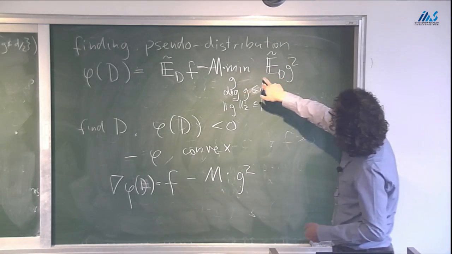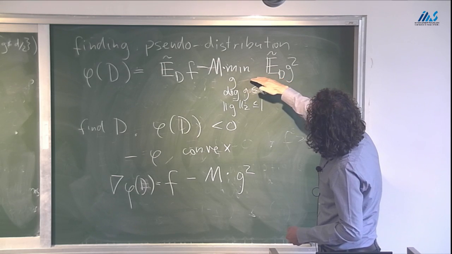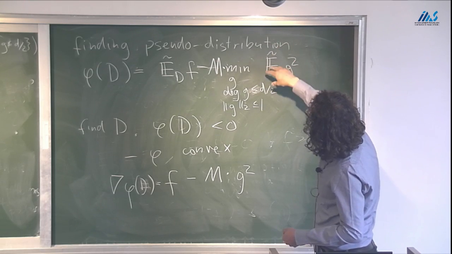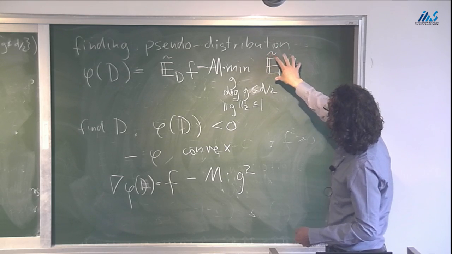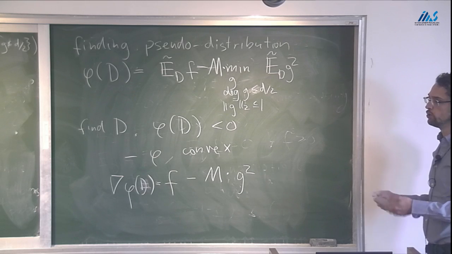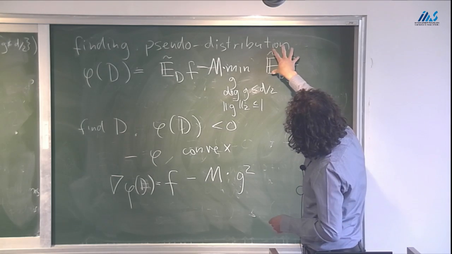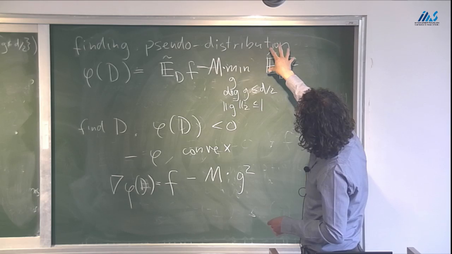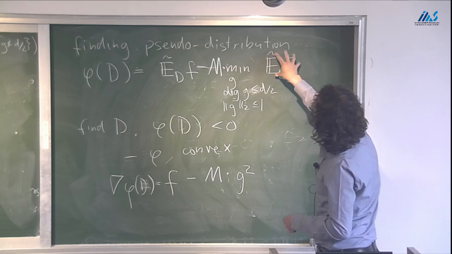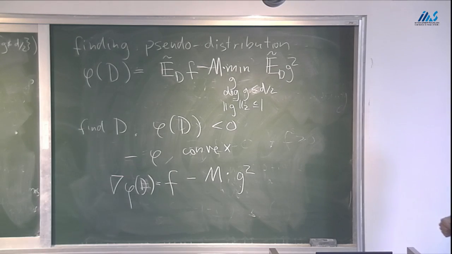If you look at this, what we have here is a quadratic form in g. We're trying to minimize a quadratic form in g, and this is something you can do using eigenvalues. You compute the corresponding matrix of this quadratic form, you compute the eigenvector with the smallest eigenvalue, and that gives you this function g.